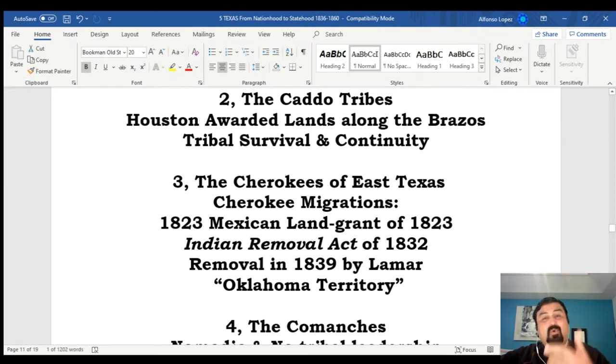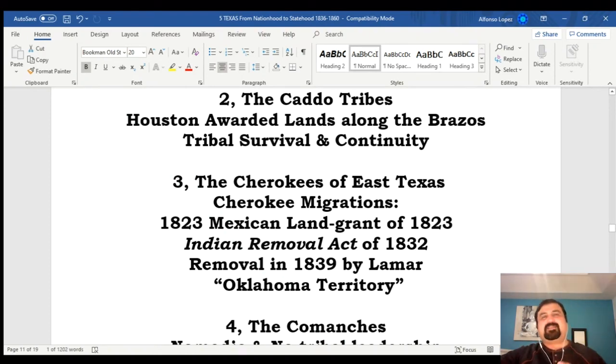So with the Caddos, the civilized tribes of the Northeast, he actually awarded lands along the Brazos River for them to continue their lifestyle, a place where they would actually ensure the continuity of their tribe. It's called tribal survival and continuity, for the purpose of, again, trying to preserve this society in terms of that society contributing to the economy of Texas.